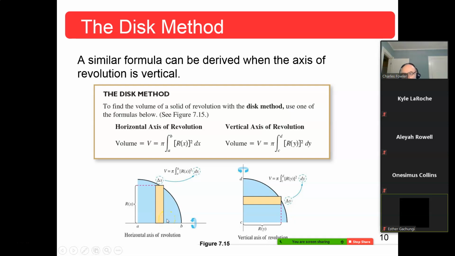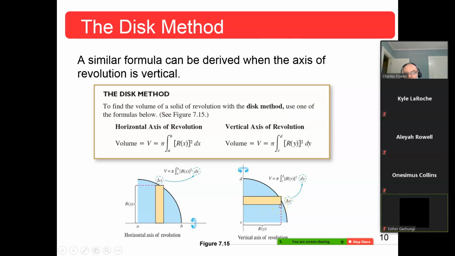Now, if you wanted to do horizontal bars, you have your delta y's, so your variable of integration is y. It goes from c to d on the y-axis, and your r of y is now the x value, not the y value. Over here, if that was the x-axis, those were your y values. Over here, if this is the y-axis, this is your x value.